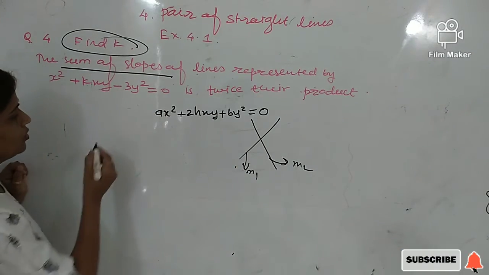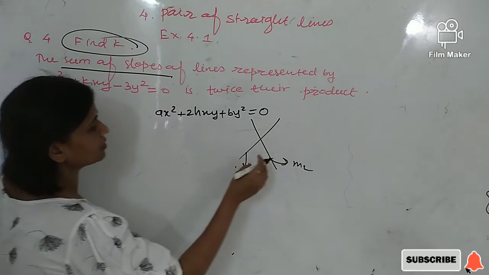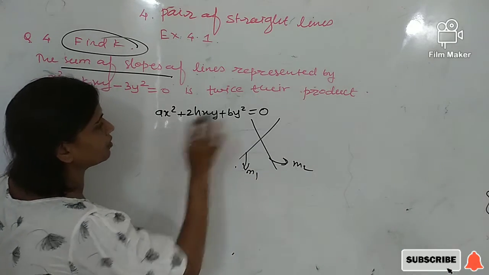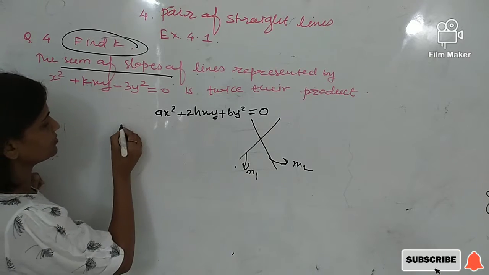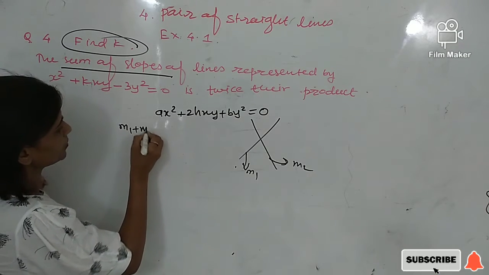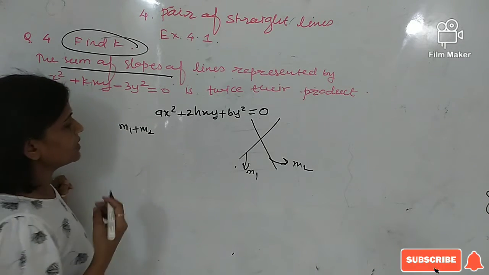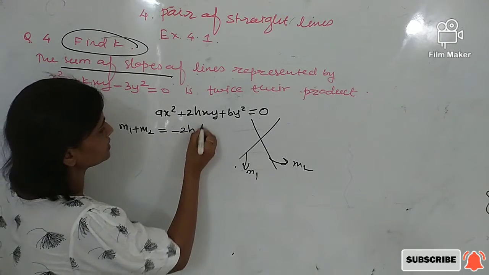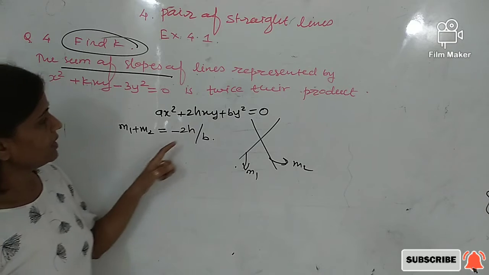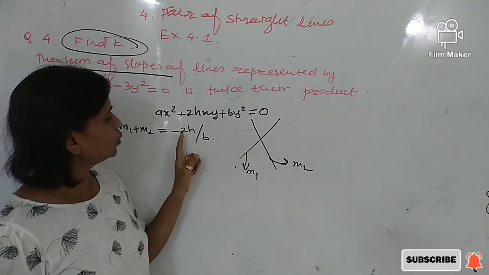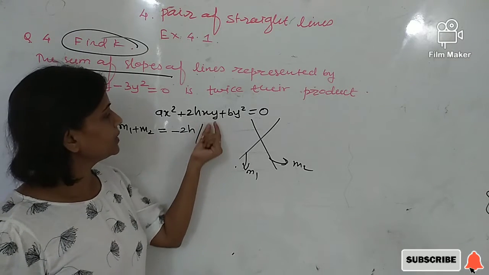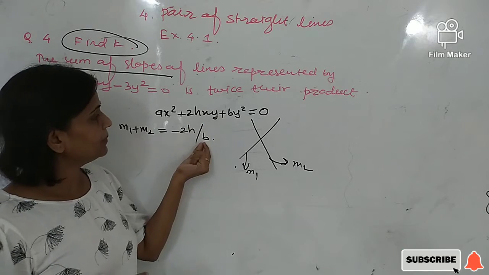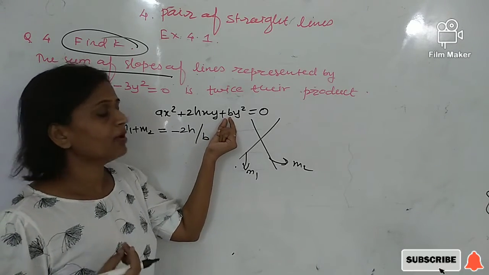So first, the relationship between the slopes and the coefficients of x, y. What is the first relation? The sum of slopes, m1 plus m2, is equal to minus 2h upon b, where 2h is the coefficient of xy and b is the coefficient of y square.